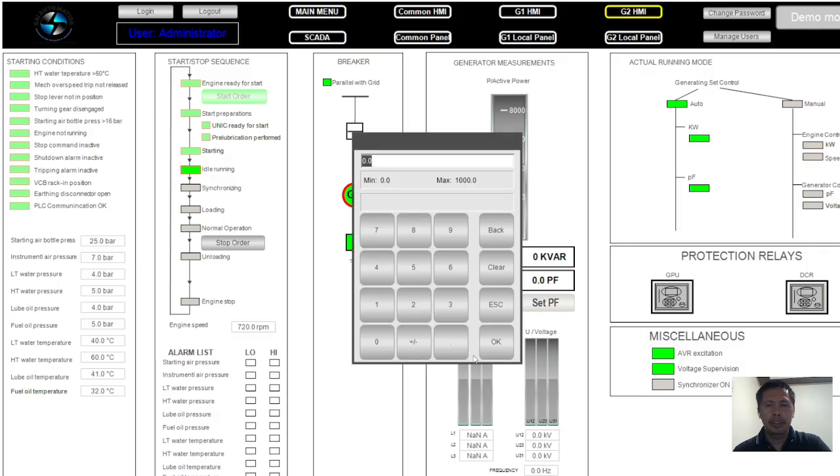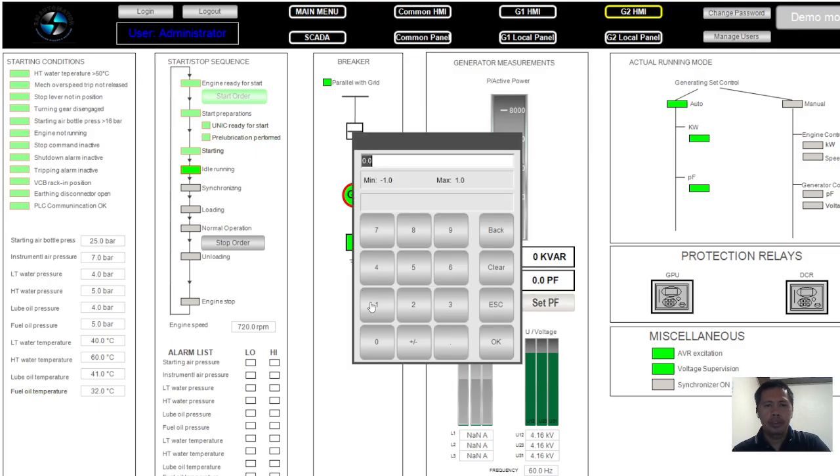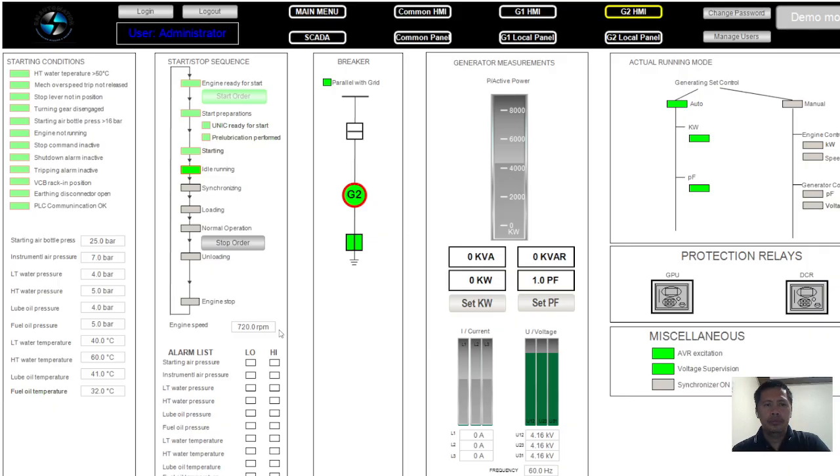The frequency 60. The voltage is 4.16. Voltage 4.16. Okay, the power factor is 1. So now the engine is ready to be synchronized.